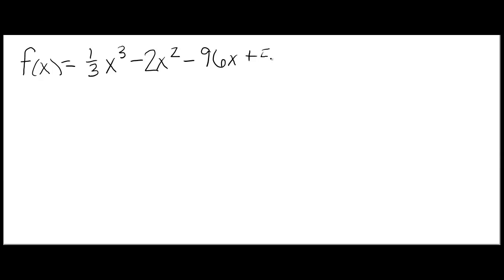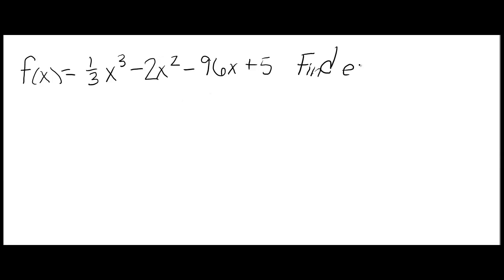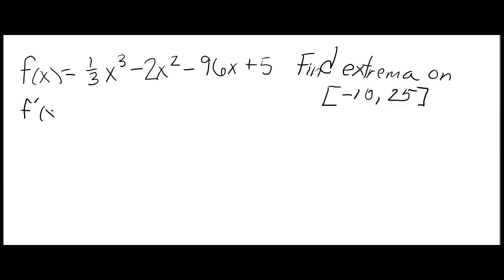And our goal here is we want to find the extrema on the interval, so only for these x values, between -10 and 25. Okay? So to find the extrema, we want to first find out where this is increasing or decreasing.